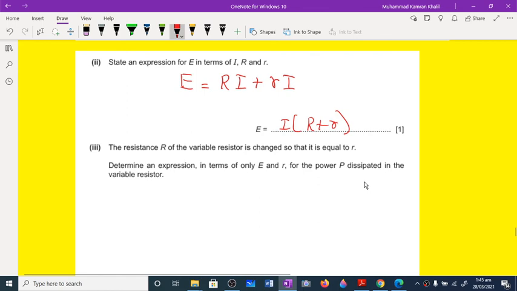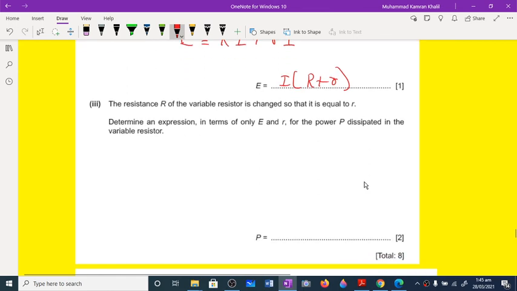Now in this question he is saying that when the variable resistor R is equal to the small r, the internal resistance, derive the expression for the power dissipation. This expression is also given in the book. So P is equal to I squared R. Now we will calculate the value of I from this expression.